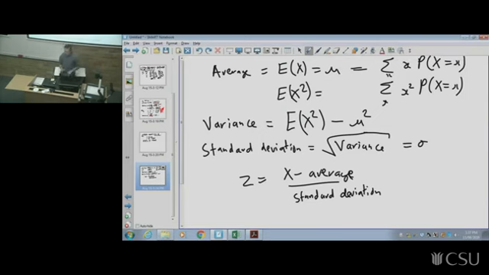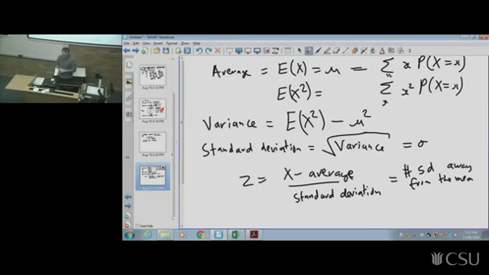So what this corresponds to is the number of standard deviations away from the mean.